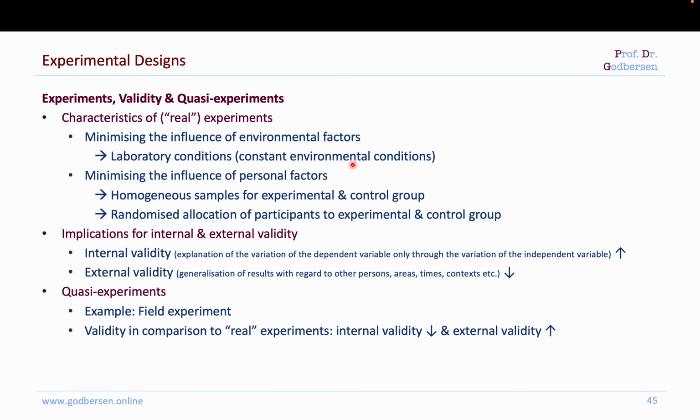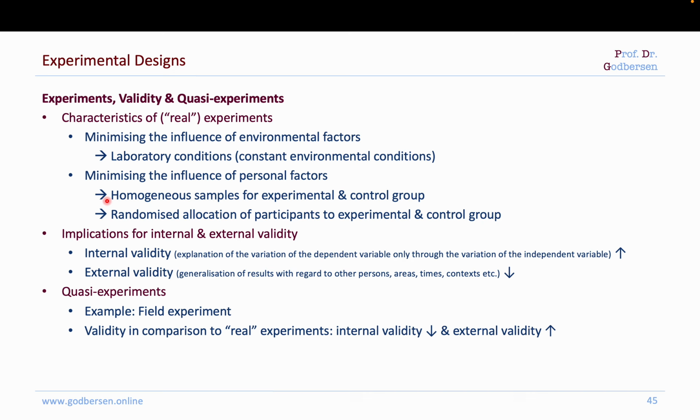For minimizing the influence of environmental factors, we have laboratory conditions, or we strive for laboratory conditions. No influence from the environment. Again, think of the crazy professor who's in the basement of his laboratory and there are no external influences. So we keep the environmental conditions constant. To minimize the influence of personal factors, we must have homogeneous samples for the experimental group and for the control group.